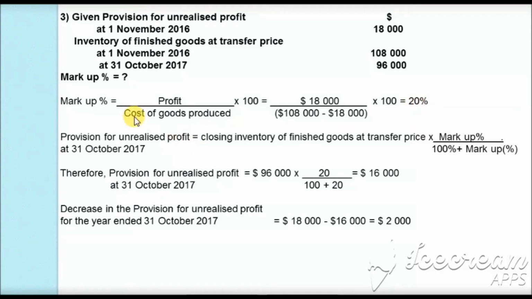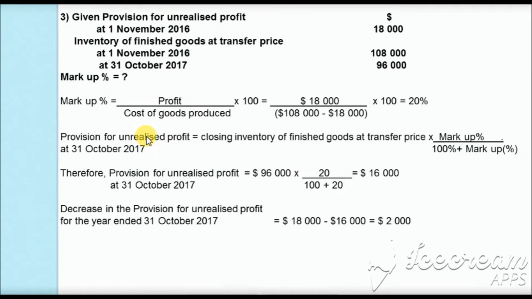Furthermore, we will also calculate the provision for unrealized profit at 31st October 2017. This will be used when we go for the C bit of the question, where we have to make the income statement.